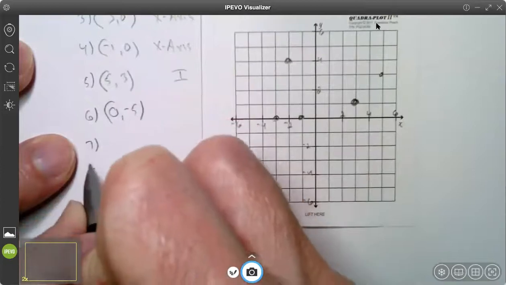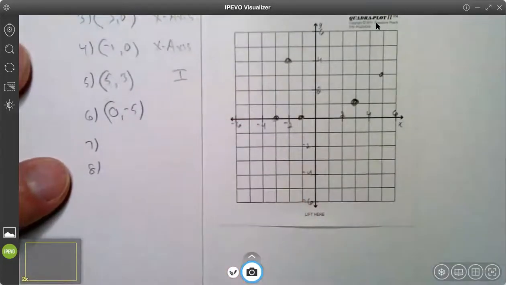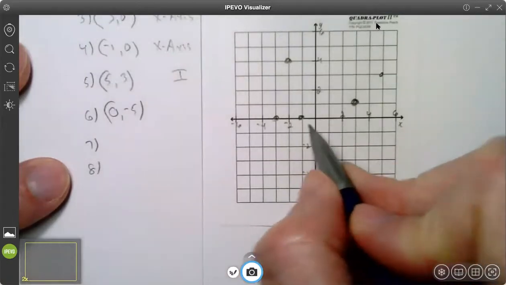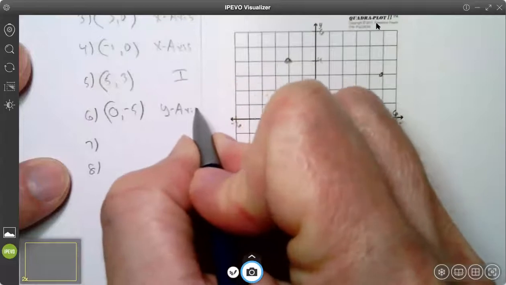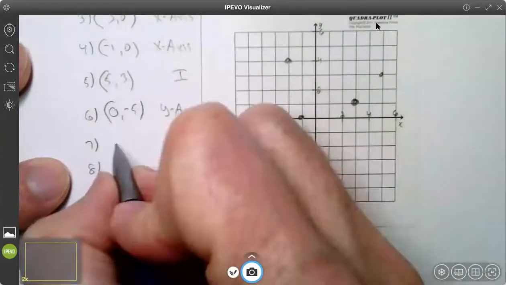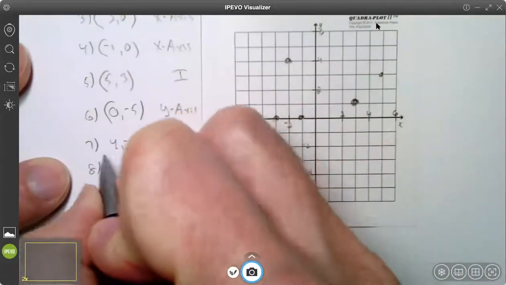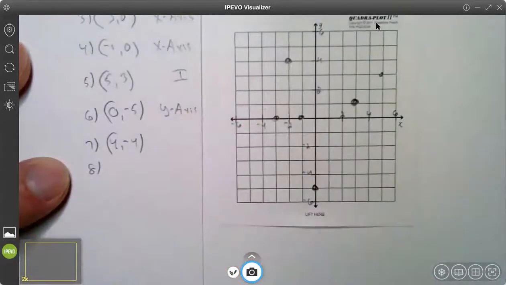0, -5, where's that found? 0 left or right, -5 on my y value, that is on the y-axis. 4, -4, where's that found?